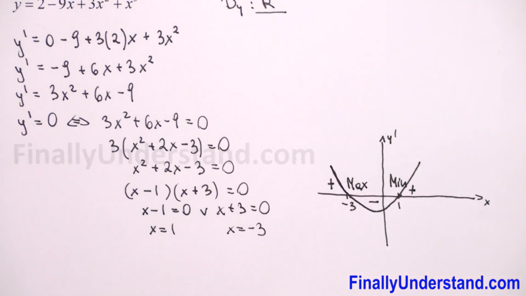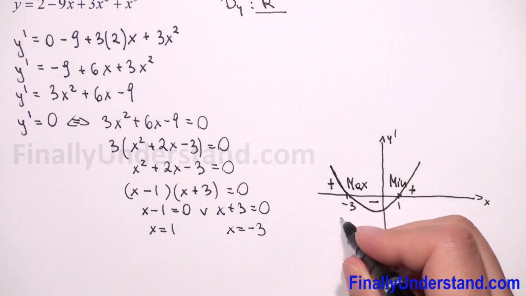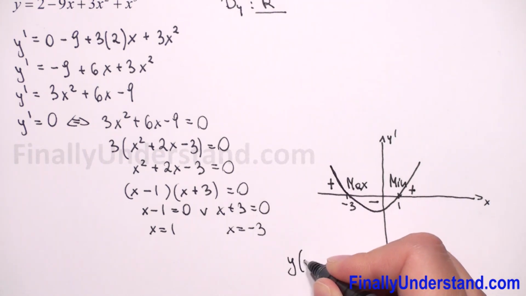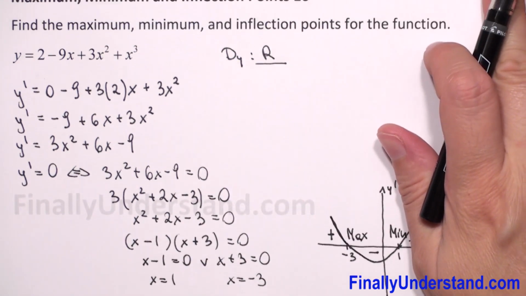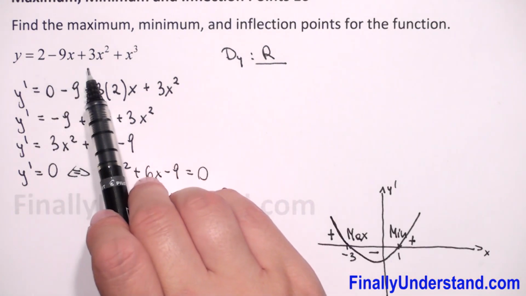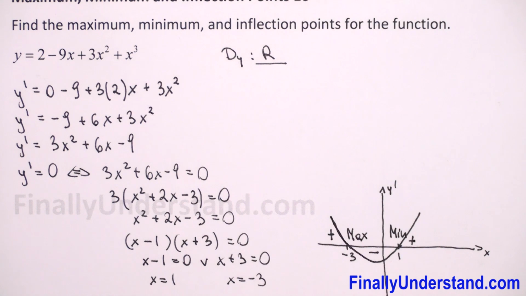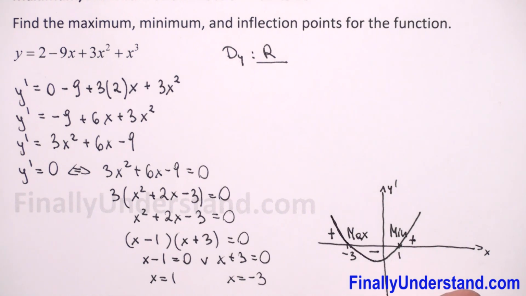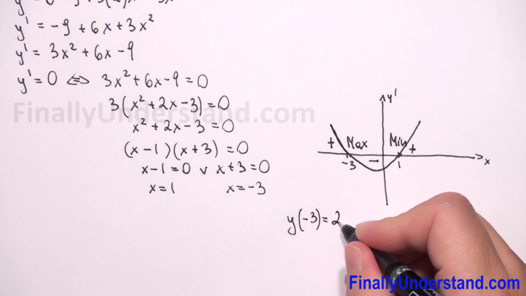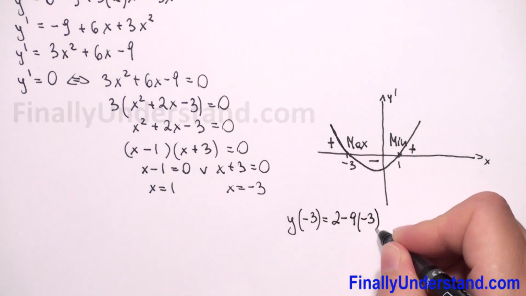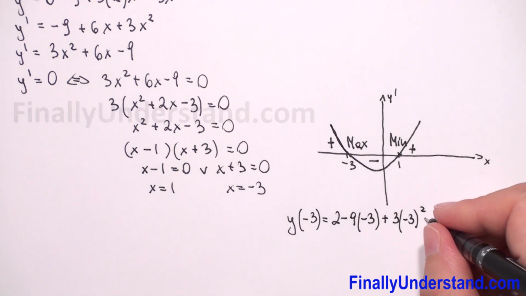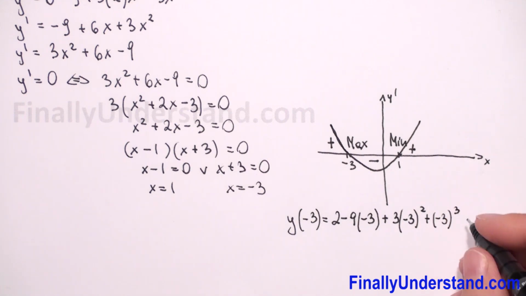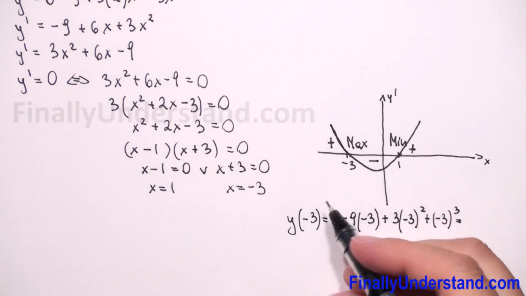Now we have to find only the y coordinates because we have x. So for x equals negative 3, we have to find y of negative 3. We go to the formula of our function and replace x by negative 3. So we will have 2 minus 9 times negative 3 plus 3 times negative 3 to the second power plus negative 3 to the third power.